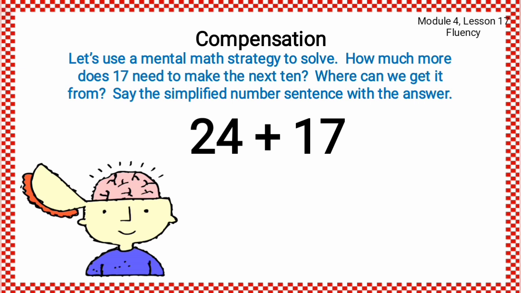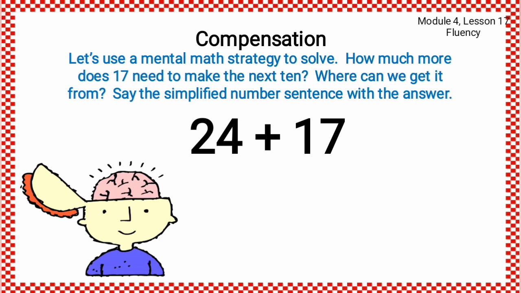Alright, here's another one. 24 plus 17. In this case, I'm not looking for 1. The 17 is closest to 10, but one step to 17 is 18. 1 more than 17 is 18. So what should I do? Good.